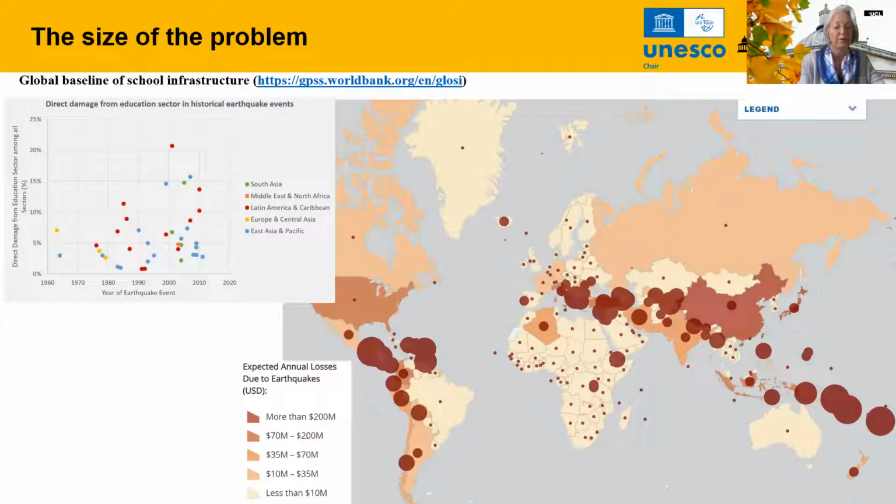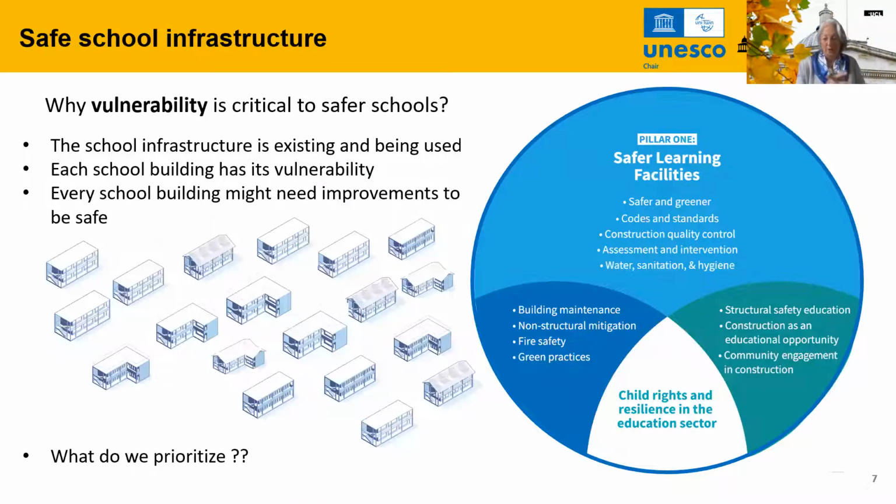The vulnerability of the infrastructure is very different. So this explains why vulnerability is critical for safer schools. The school infrastructure is already there and is being used every day. And many of these buildings are not safe. Each school building has its own vulnerability.